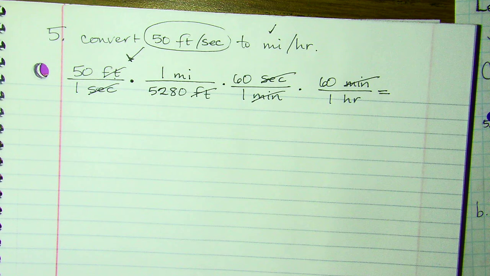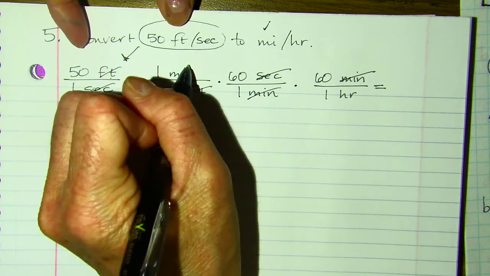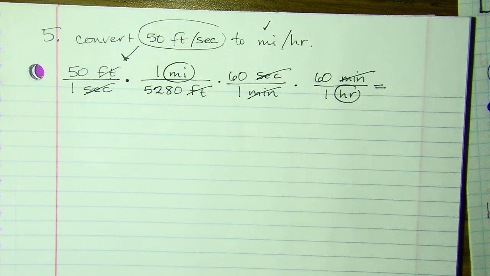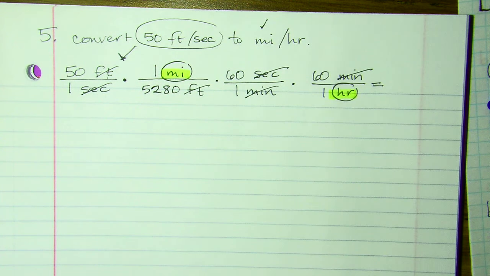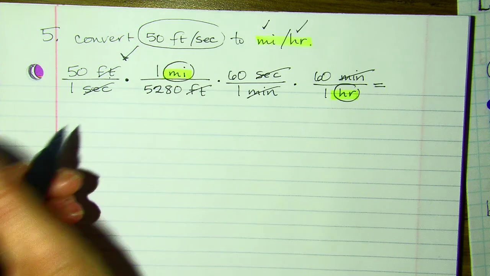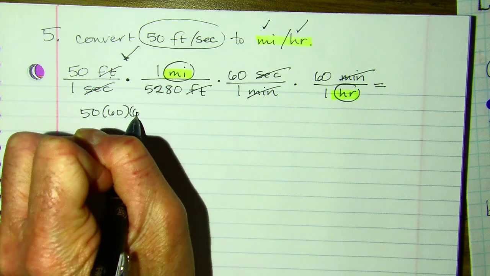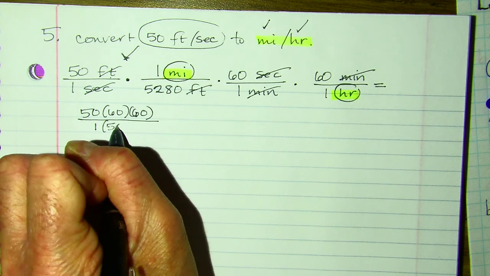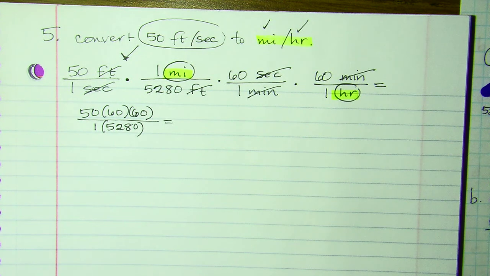And now I can start doing some math. So let's record what's on the top. Notice the only two dimensions left are miles per hour. Check that out. The only thing left is a mile per 1 hour. And that's what I wanted, miles per hour. Okay, so let's do our math. On the top, I have 50 times 60 times 60. And on the bottom, I have 1 times 5,280. And so now we're going to use our math.